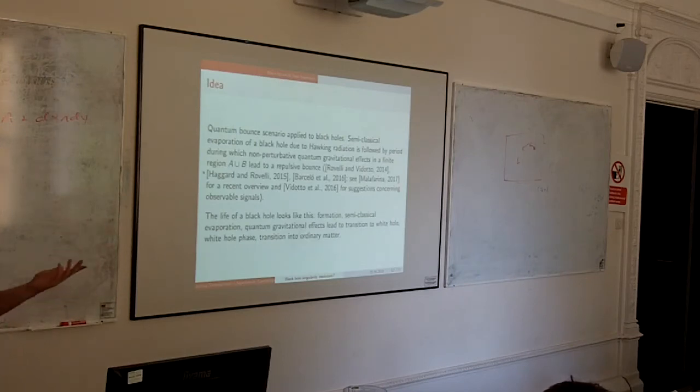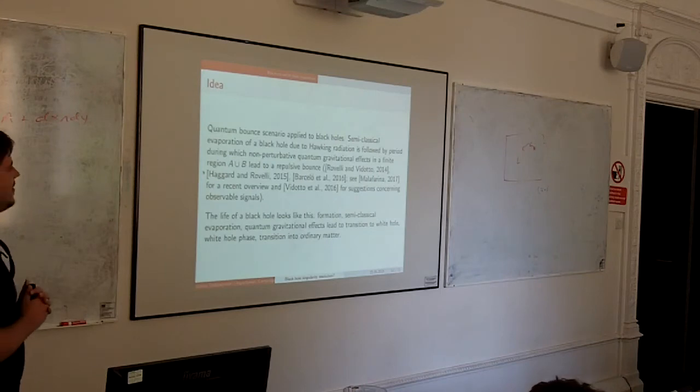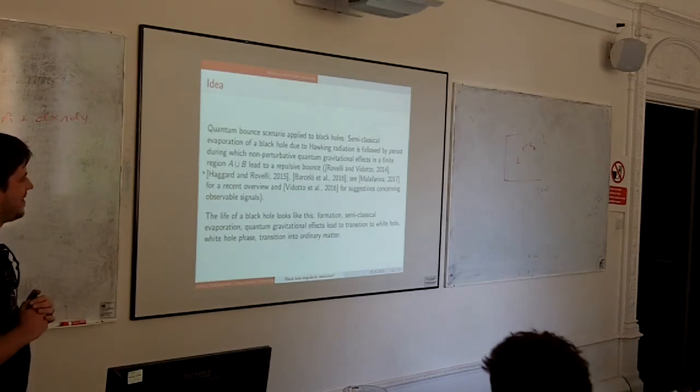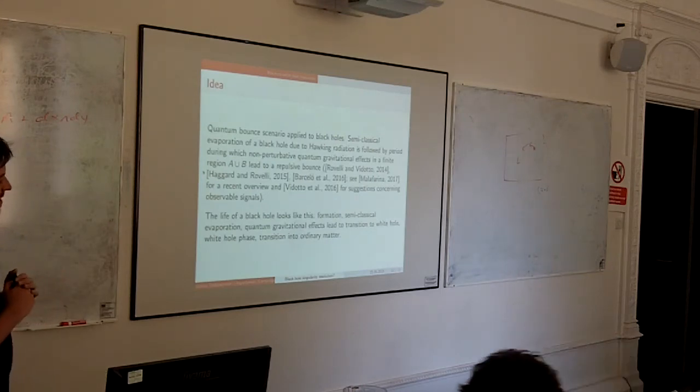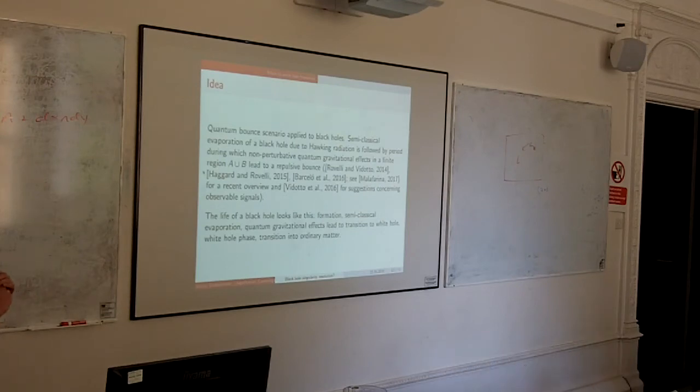They shouldn't leave it to them. So what they're doing is the following. They try to come up with an analog of the quantum bounce cosmological scenario. It's just that it's applied to black holes.